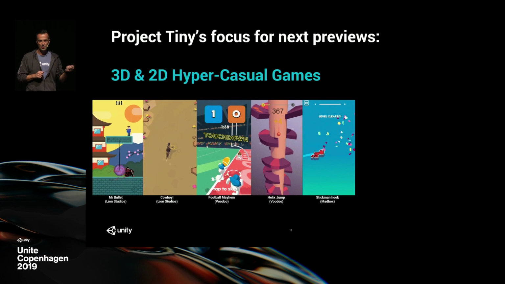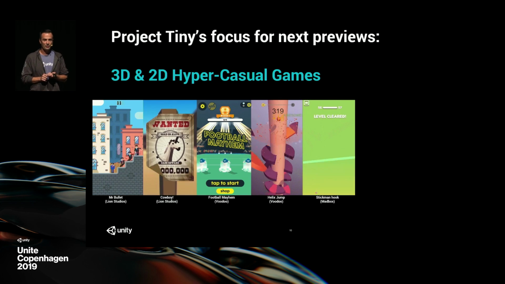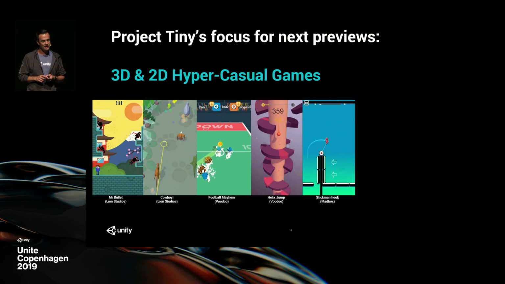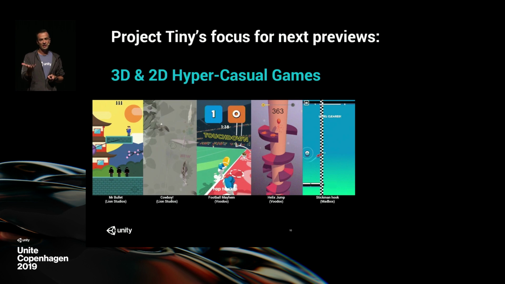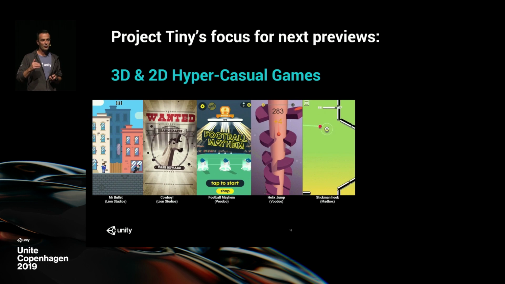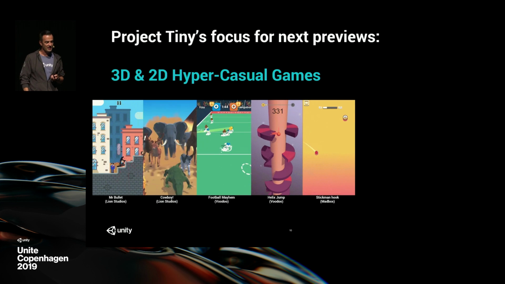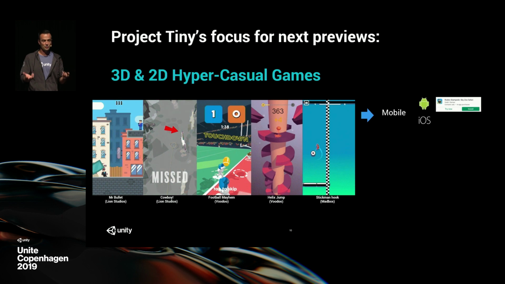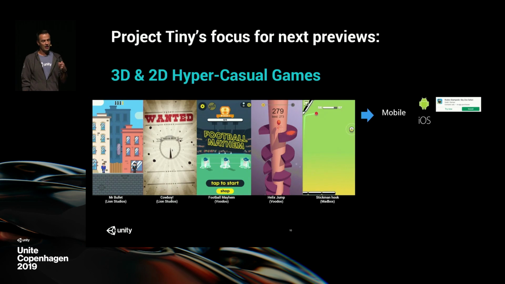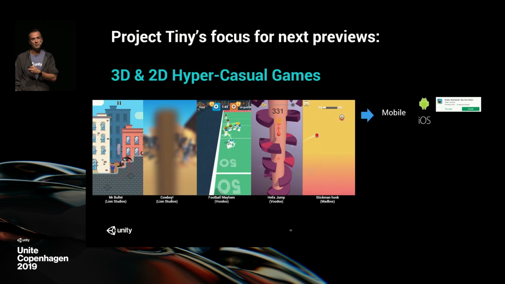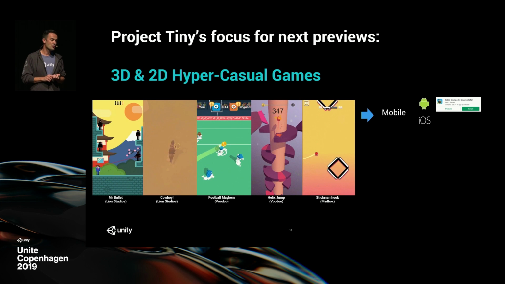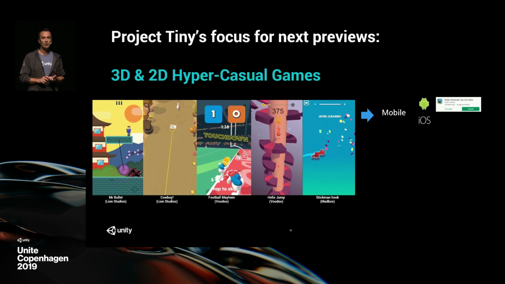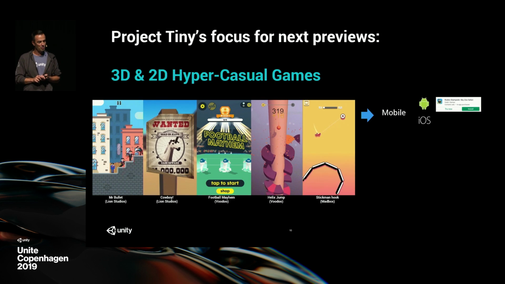Those are examples of typical hyper-casual games made with Unity on mobile. And the idea is to use those scenarios as the main target for the first generation of Project Tiny, and the idea behind that is, with the same project, the same source code, being able to deliver for mobile, iOS, Android, including being able to pretty much automatically create Google Play Instant versions, which are ephemeral trials that you can publish on the store.